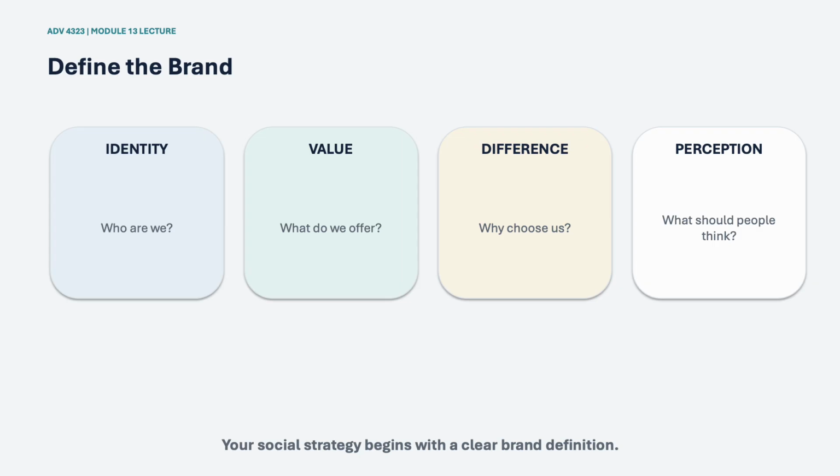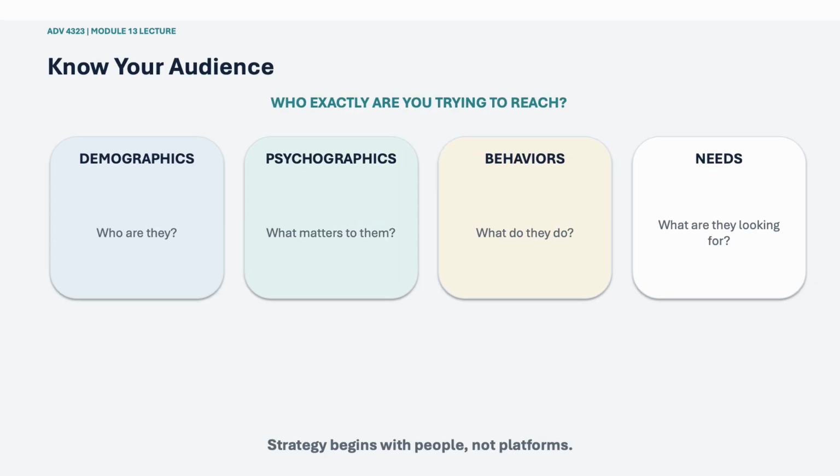Think about the brand's identity, the value it provides, what differentiates it from competitors, and ultimately, what you want people to think when they encounter the brand. Your social media strategy should reinforce that definition. If the way a brand behaves on social media doesn't match what the brand says it represents, you definitely have a disconnect.